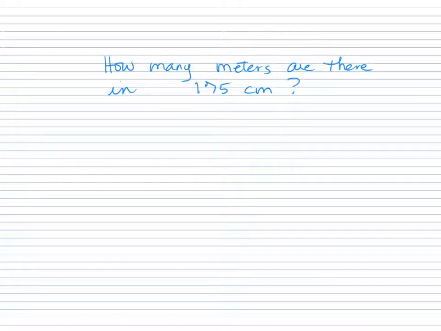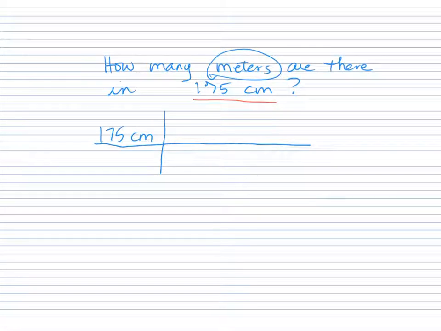Okay, so what if I wanted to change 175 centimeters to meters? So I'm going to start with what I have, 175 centimeters. And what are the units that I want to change it to? I want to change it to meters. And what's the conversion that I know?